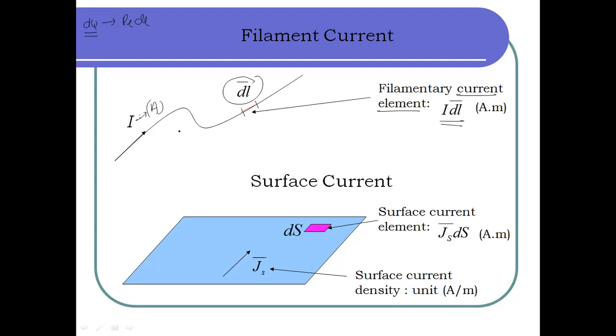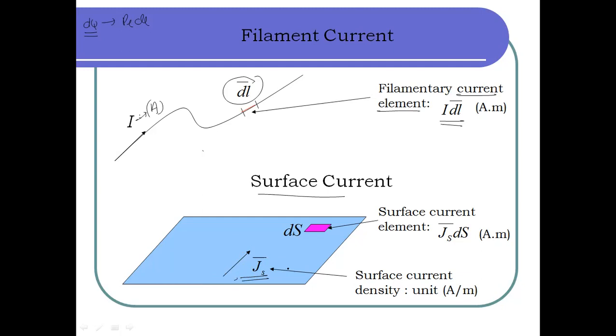Then we have the second type of current, which is the surface current density. We label it as the Js vector, and it has its own direction. The unit for the Js vector is ampere per meter.